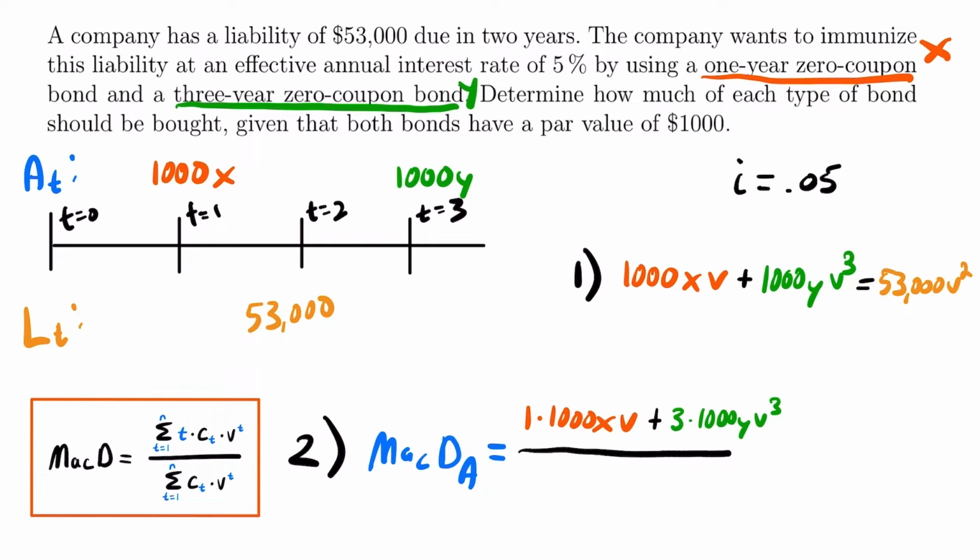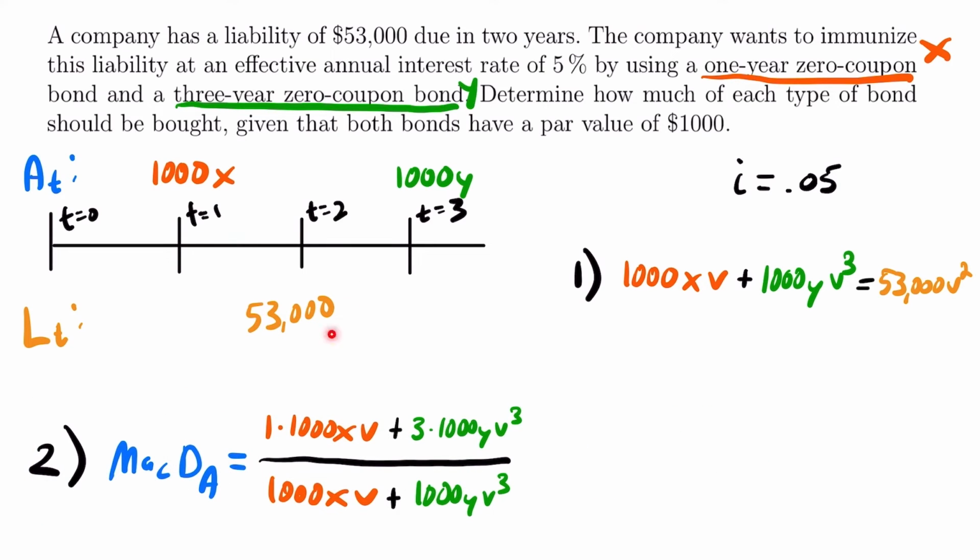And then this is divided by the present value of those two cash flows, which is exactly what we have right here. All right, so we'll have 1,000 times x times v plus 1,000 times y times v cubed. Okay, so that's the Macaulay duration of the assets, but now we need the Macaulay duration for the liabilities.